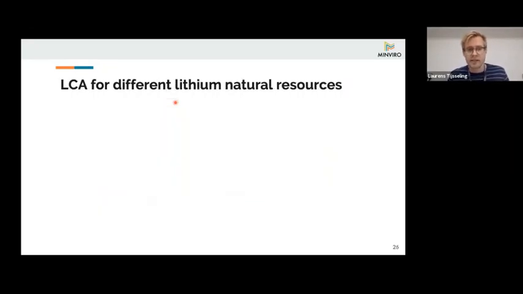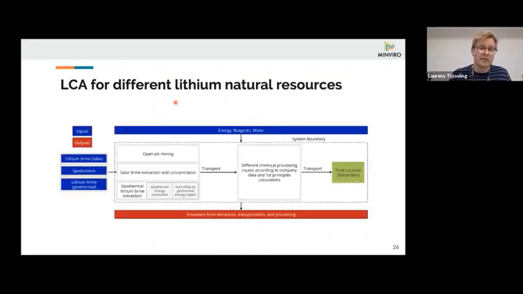So let's go into the life cycle assessment for different lithium natural resources. Actually, we had a webinar here about lithium a few months ago as well, which mentioned that generally lithium comes from either brines, from the lithium triangle in South America, or from spodumene, which is mined in Australia and then converted into lithium hydroxide, usually in China, even though there are some factories to do this in Australia under construction as well.